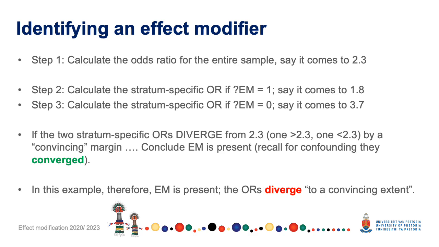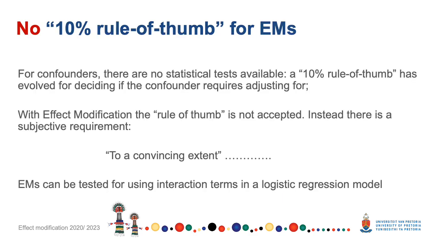So the odds ratios diverge when we stratify. And if this happens to a convincing extent, then we suspect that there's probably effect modification present, and we can go on and do a statistical test for that, unlike with confounding. So for effect modification, we don't have a 10% rule of thumb.